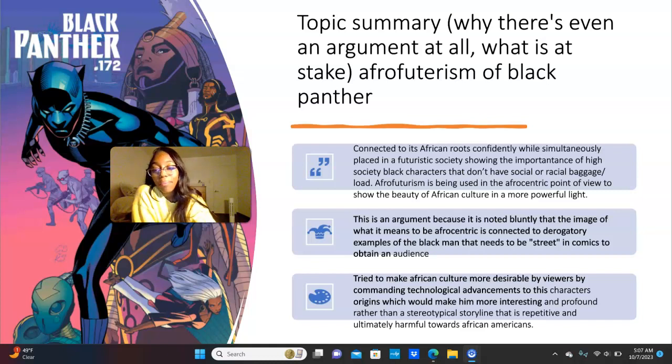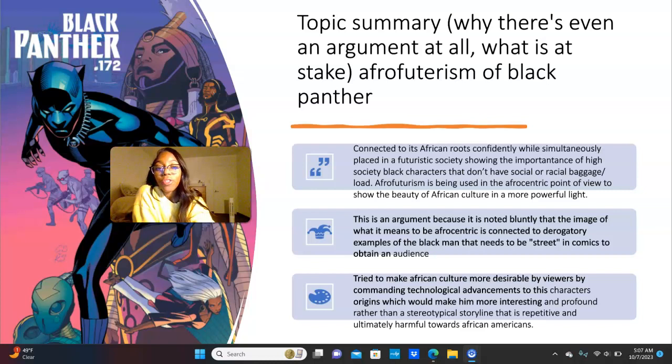His character is not primarily focused just on him being Black, but more focused on him being a king and ruling his kingdom and all the contingencies of how it's run in kingdoms and all that good stuff, rather than the stereotypical Black men in comics and or movies.